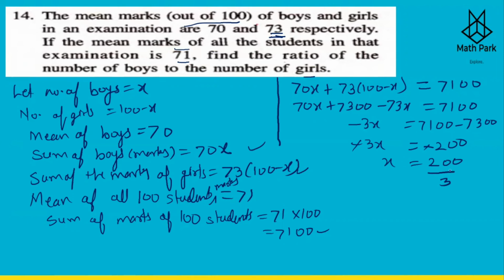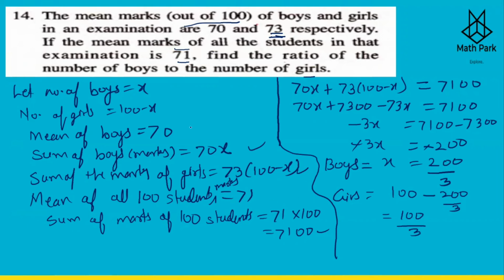So the number of boys is 200 divided by 3. Then the number of girls is going to be 100 minus 200 by 3, which is 300 minus 200, so we get 100 upon 3.